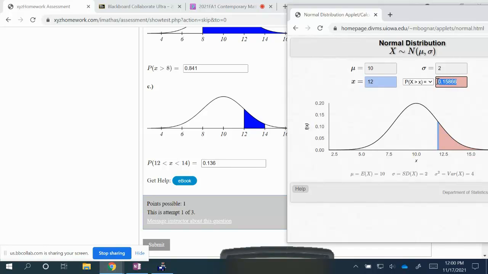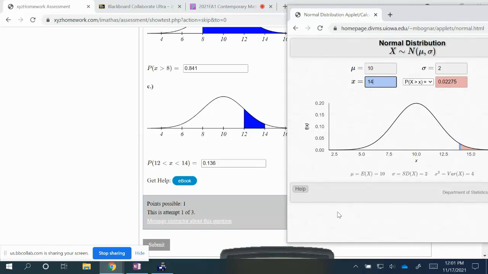So I'm going to take this value, 0.15866, and jot this down on the side, 0.15866. Next, I'm going to change my value to 14, and I have this area, 0.02275.